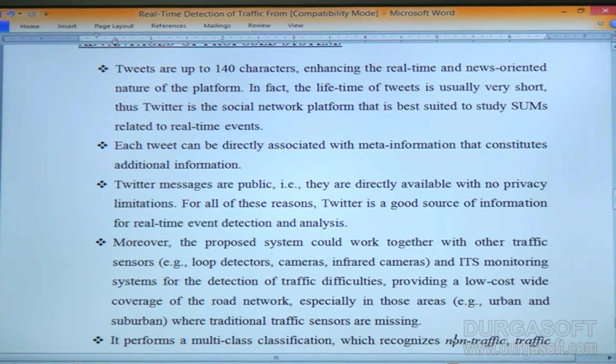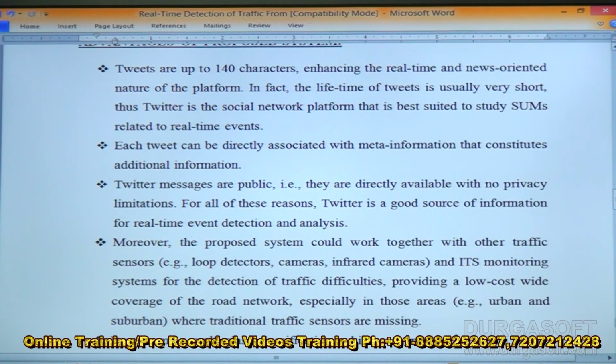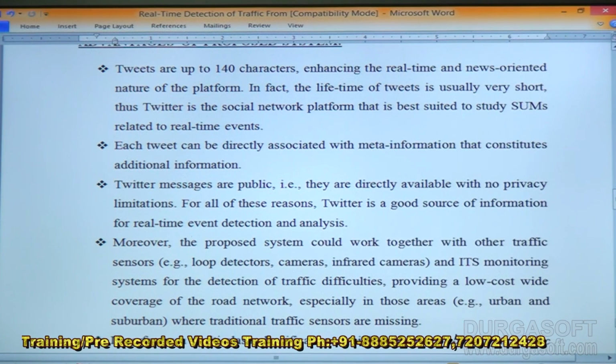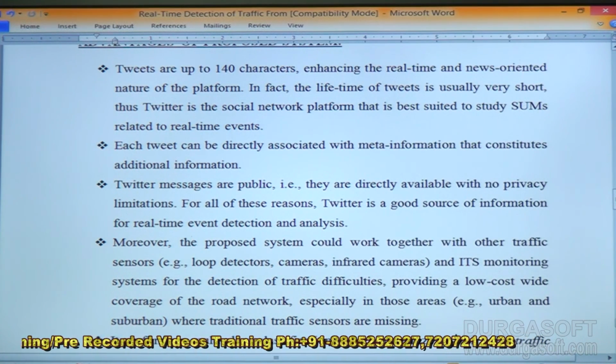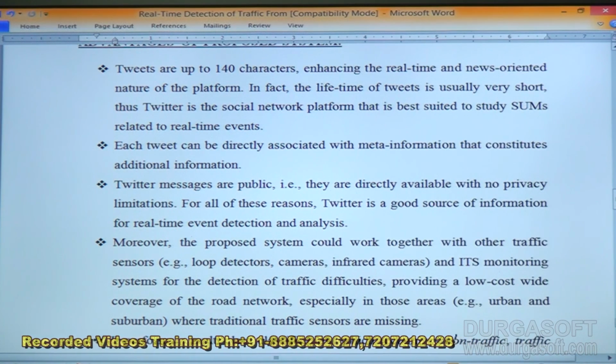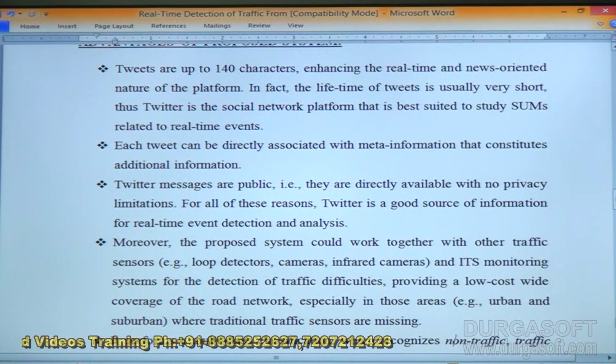So in short, I cannot provide very full meaning, very full text. So I am giving some short answers, some short messages. If you want to categorize those things, again we have an issue. So how to study these kinds of things? Everything we have given in the proposed system.